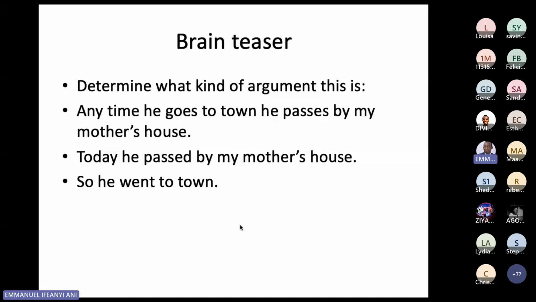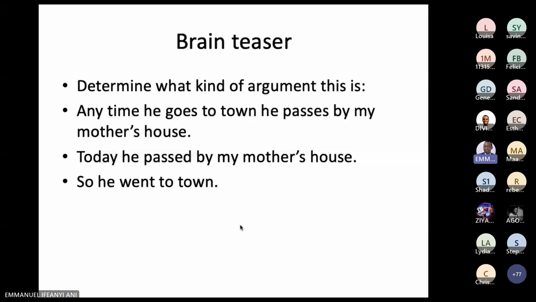So going to town is the antecedent. Passing by my mother's house is the consequent. So the question is, what is the minor premise doing? Is it affirming or denying the antecedent or consequent?